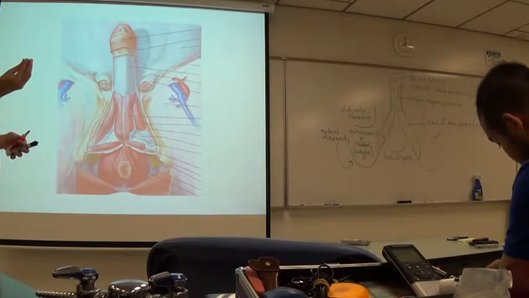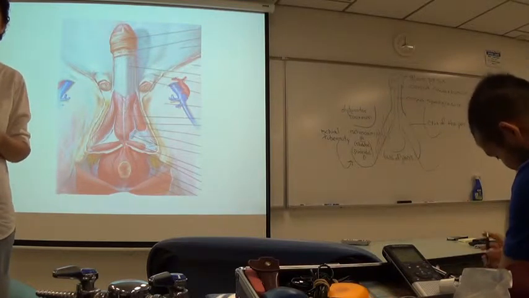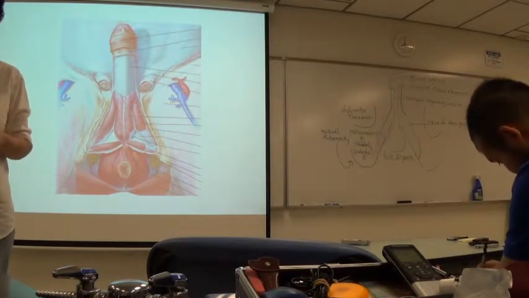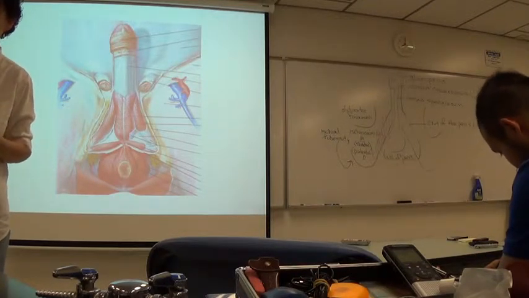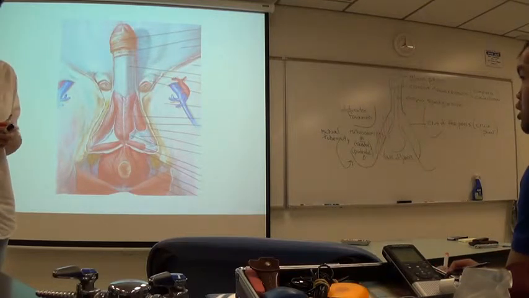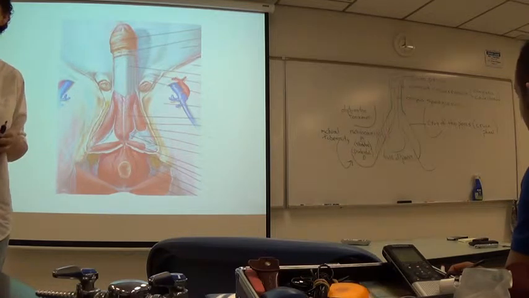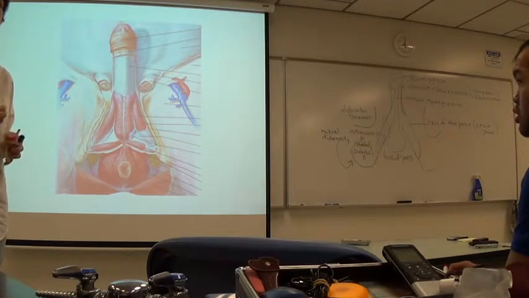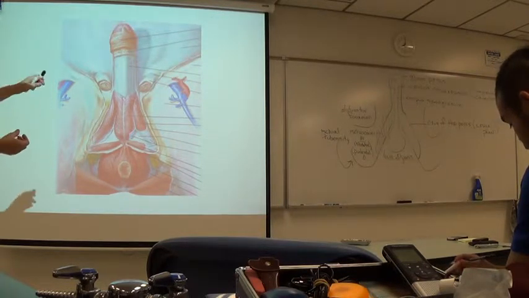And the contraction of the urethral smooth muscle to move the sperm through for ejaculation is sympathetic. However, you can voluntarily contract the ischiocavernosus muscle to increase the sense of orgasm, or movement into orgasm, because these are skeletal muscles.